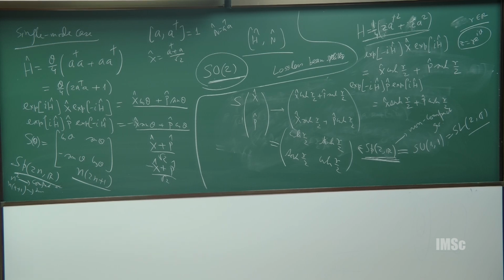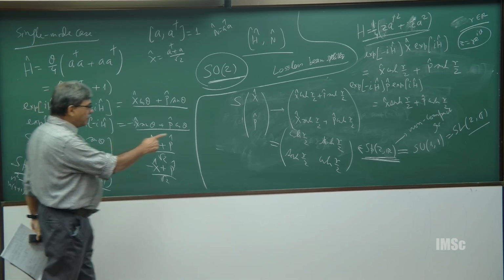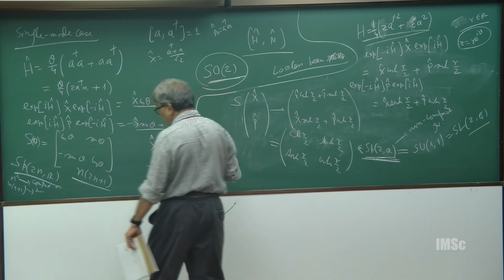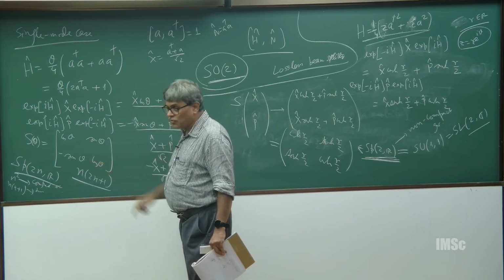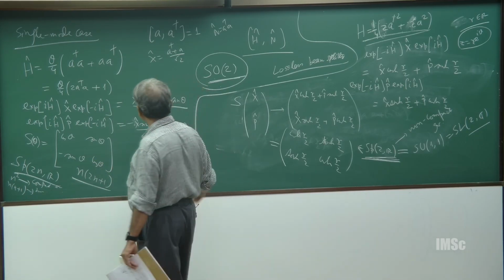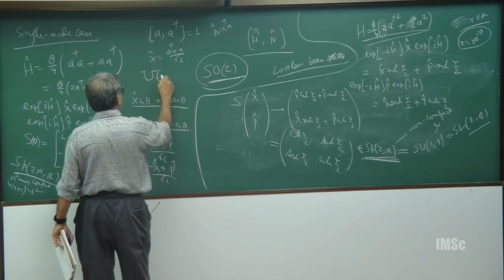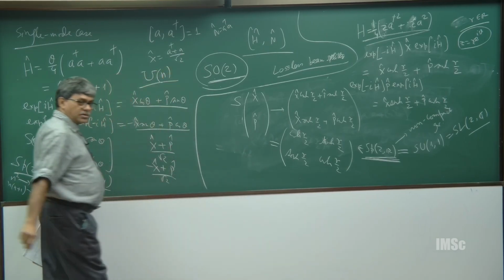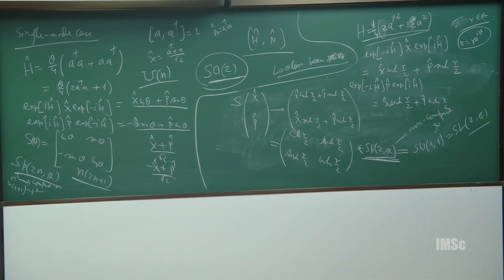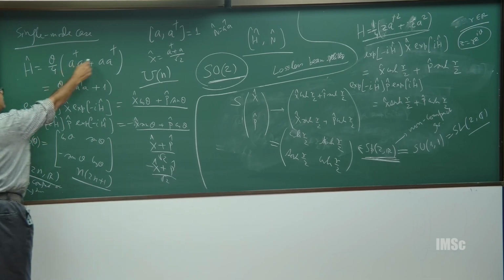And this compact group, in the case of single mode it is SO2, in the case of n mode it is basically this UN, the group of n cross n unitary matrices. There also we will see that the generators are something similar to this.